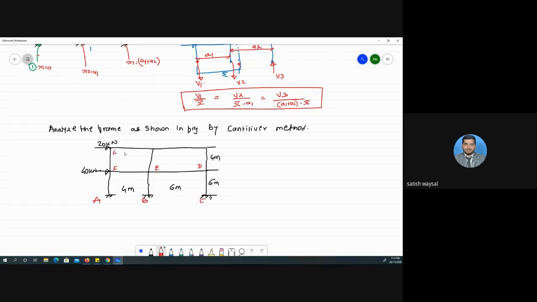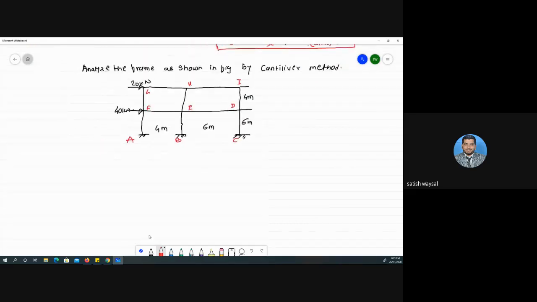Remember that in the exam also these questions are asked. Either you can solve the same problem by using the cantilever method or by the portal method. G, H, I. So this is the frame which is given to us, and according to this, we have to solve this problem. First, our aim is to find out the x bar.